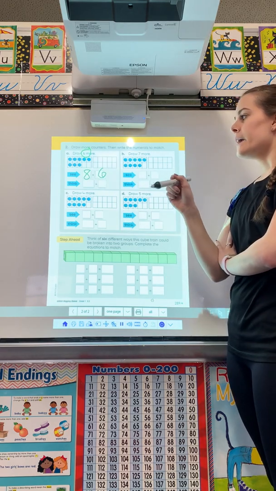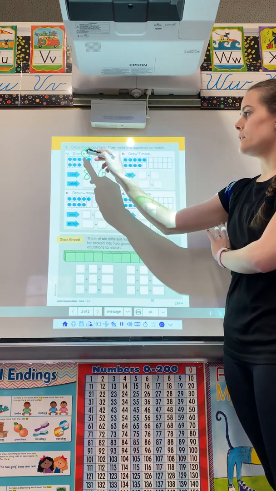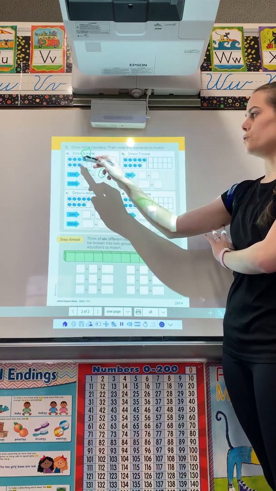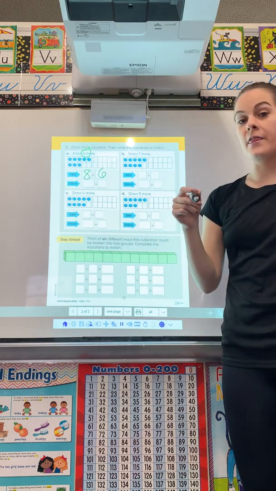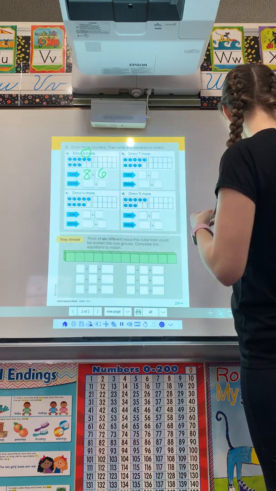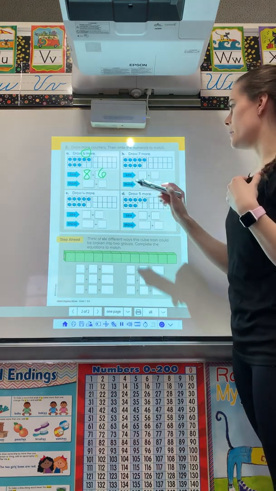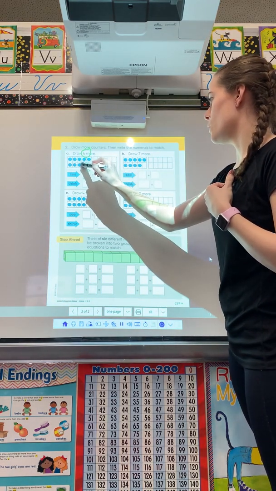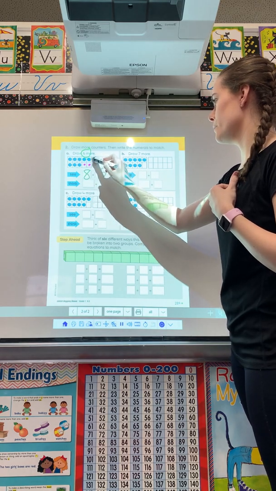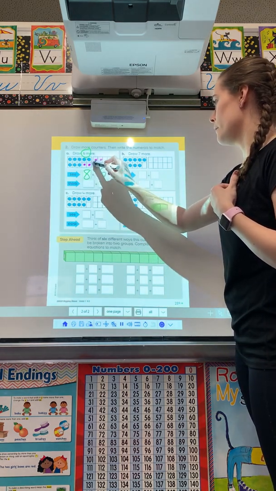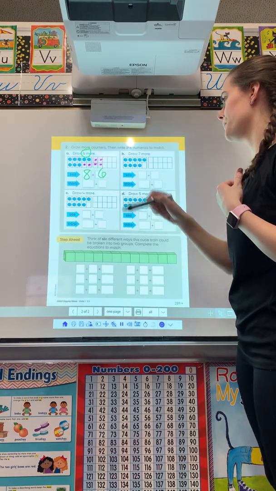We want to think differently, so we need to draw 6 more into our tens frames and then write in the rest. So we're going to draw in 6 more 1s dots. 1, 2, 3, 4, 5, 6.